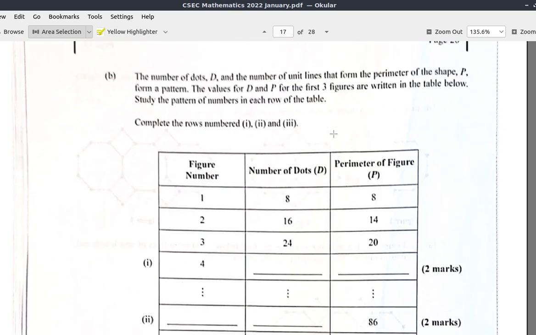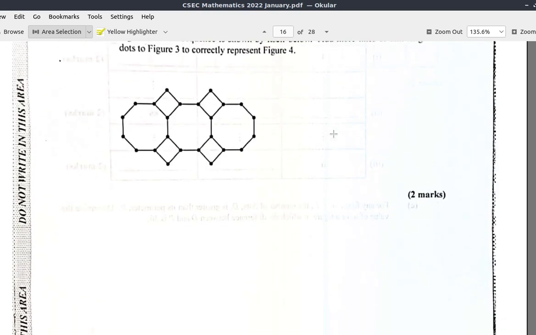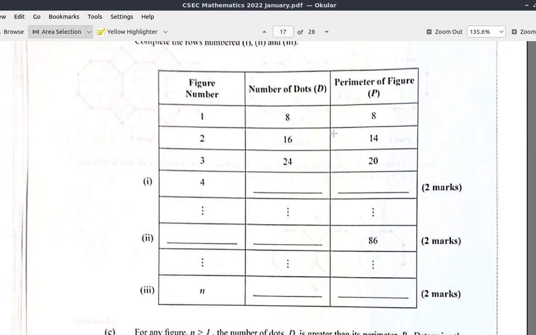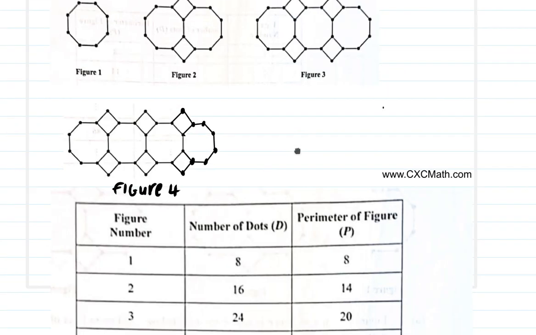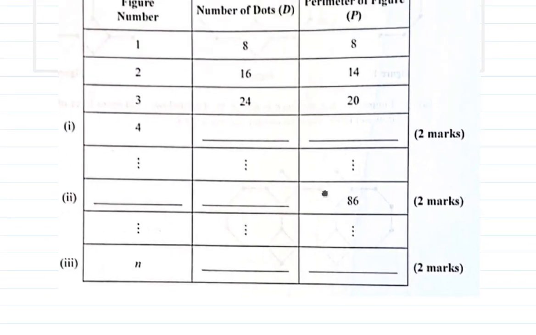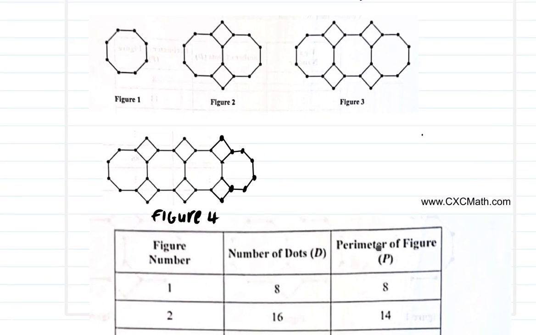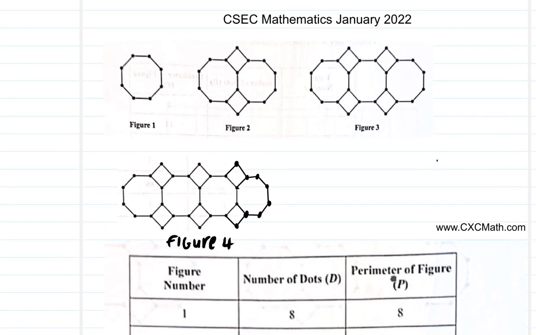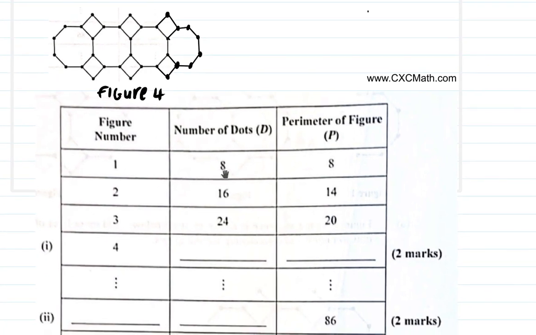So here we have the table. From looking at the table itself, 8, 16, 24.